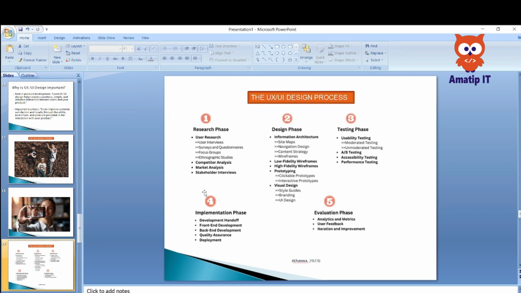But you can see in the case of Mr. ABC, Mr. A goes straight to the implementation phase, jumping the research phase, the design phase, and also the testing phase, because he knows programming, he understands programming, he is proficient in programming.